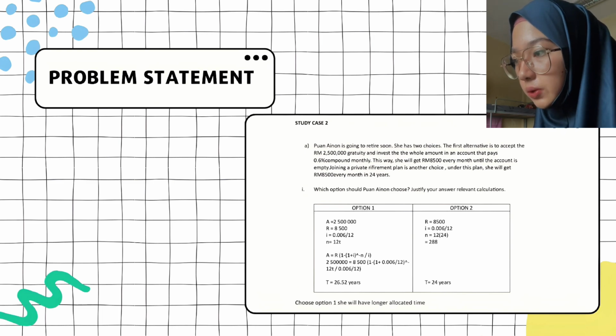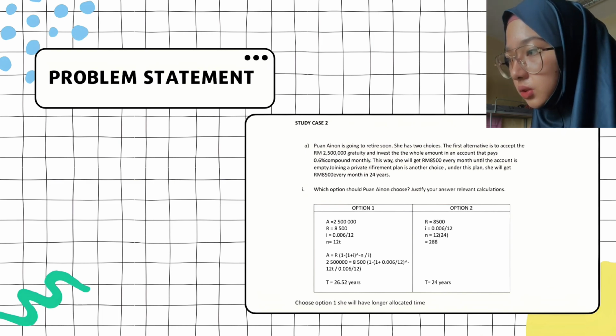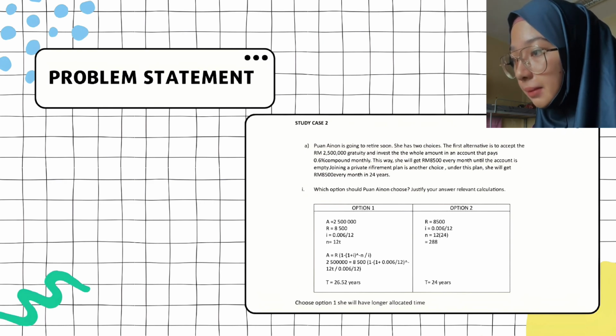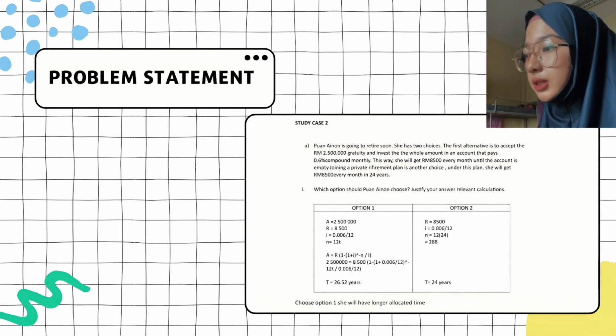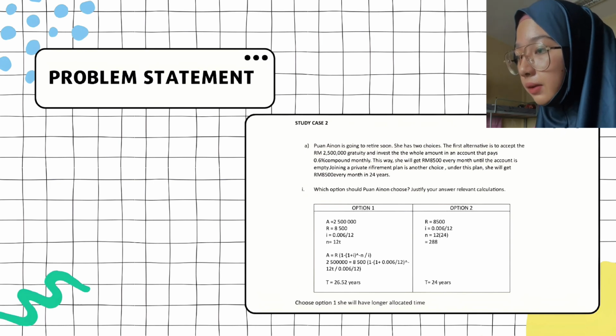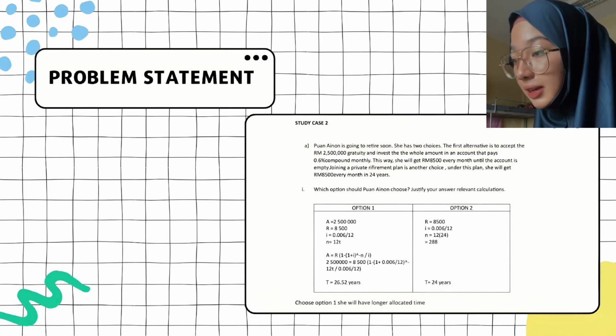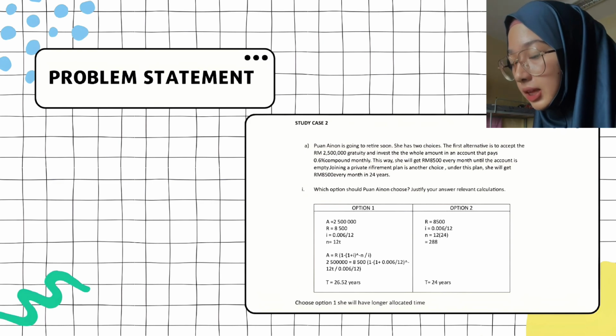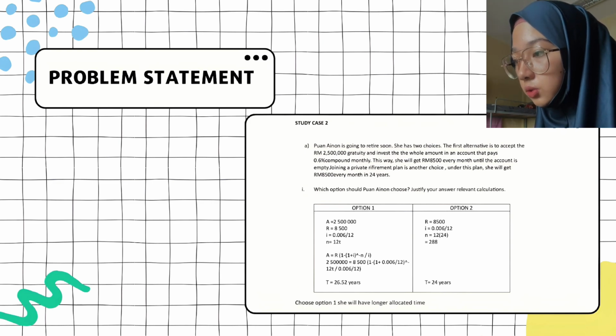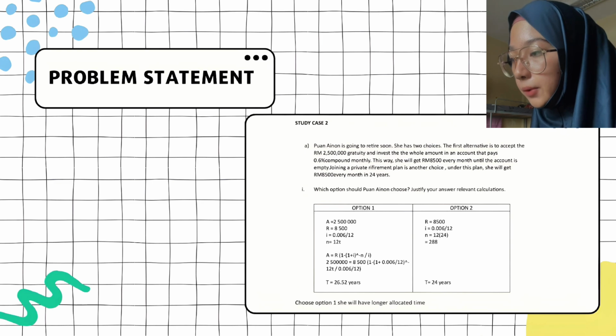So 2,500,000 equals 8,500 [(1 minus (1 plus 0.006 over 12) to the power of negative 12t) over 0.006 over 12]. So t equals 26.42 years.